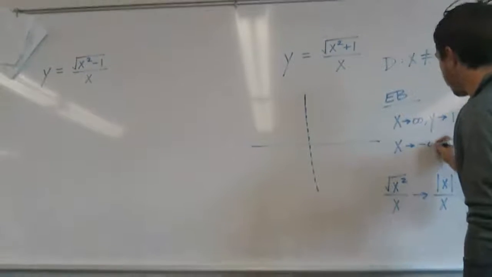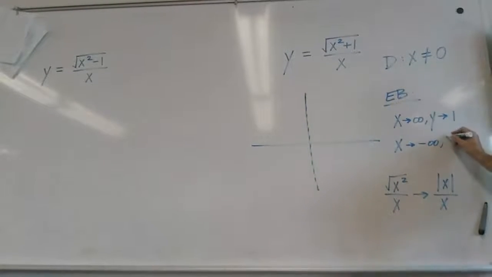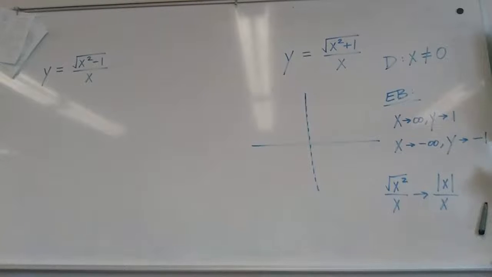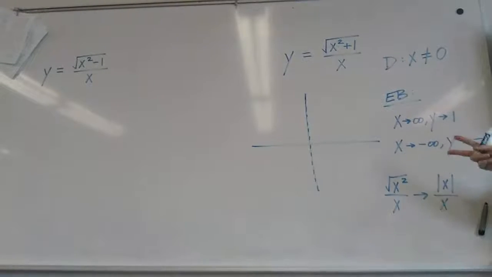The upshot of that is, if x is going to negative infinity, what are my y values going to approach then? -1. Is everyone cool with that idea? All right, so this graph has 2 horizontal asymptotes then.